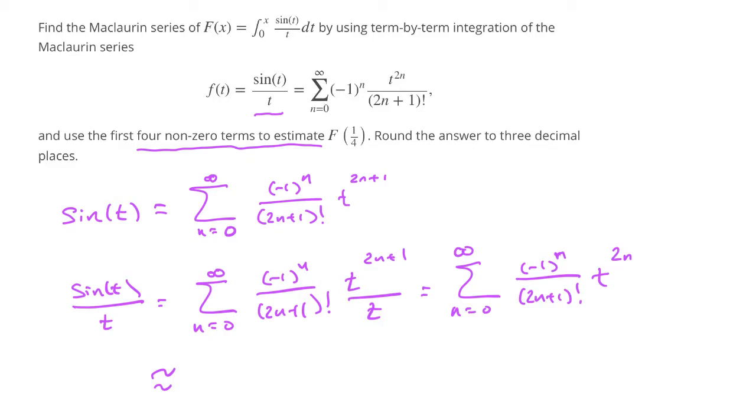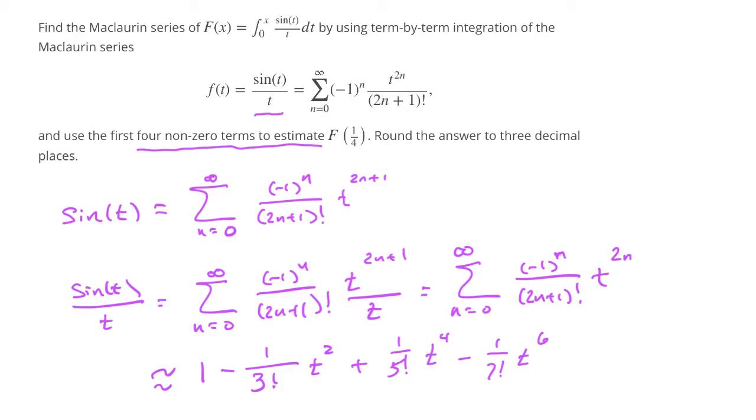If n is 0, that gives us just 1, then minus 1 over 3 factorial t squared, then plus 1 over 5 factorial t to the fourth power, minus 1 over 7 factorial t to the sixth power.